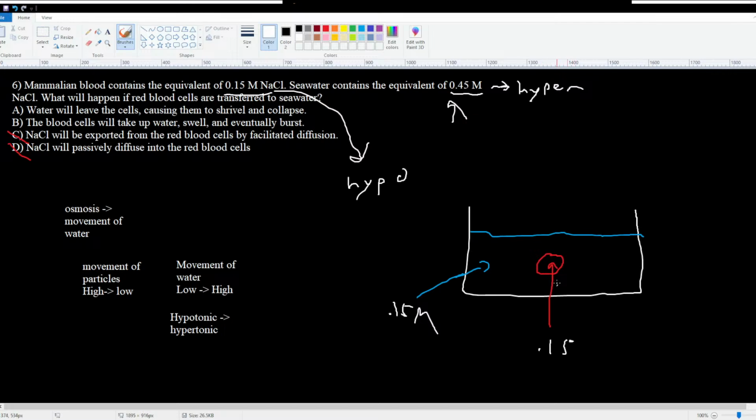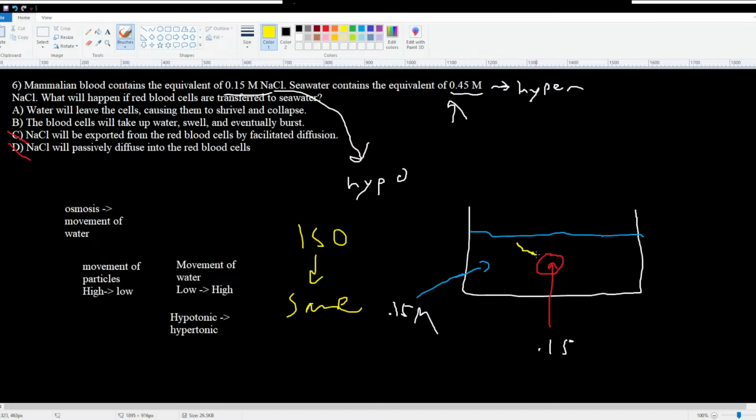Now these are going to be isotonic. Now what does isotonic mean? So iso means same. You think of isosceles triangle, or that's the only example I could think of. It means same or equal.